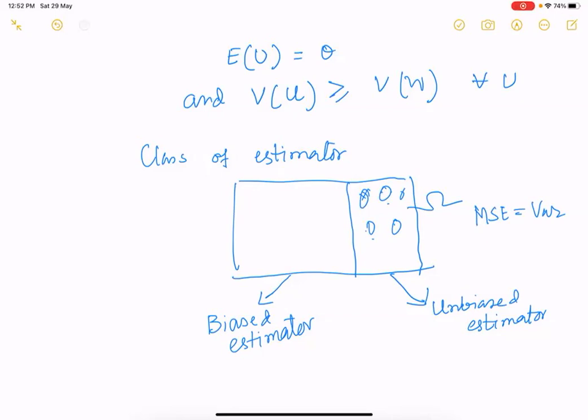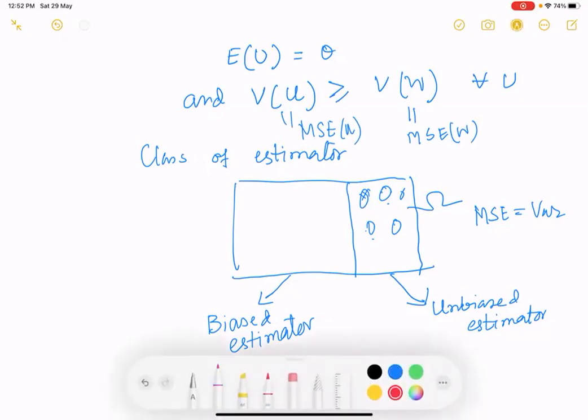This variance is the mean square error of U, and this variance is the mean square error of W, because your bias is 0. You are reducing variance means you are reducing mean square error, but only in the class of unbiased estimators. And you are simply not exploring the entire rest of the world.